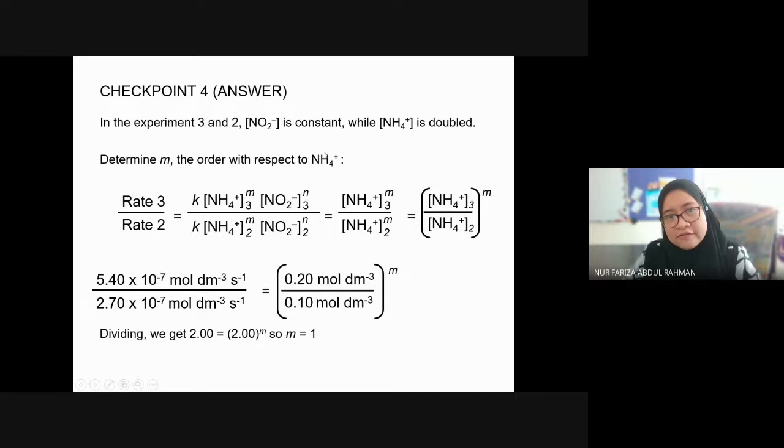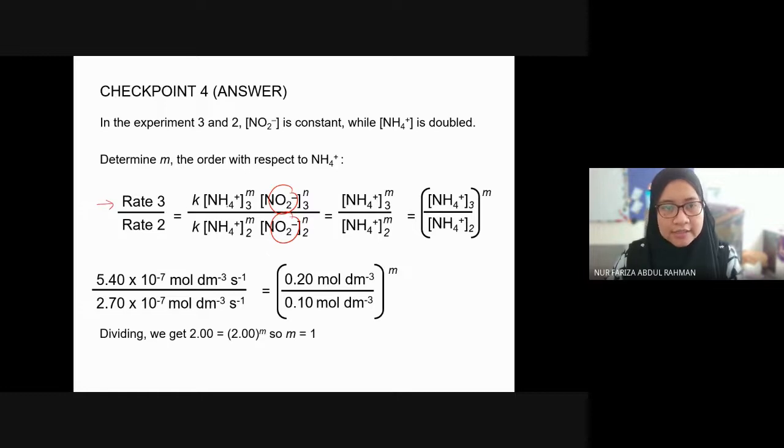Okay, so we're going to check for NH4 plus first. If we are going for NH4 plus first, that means we have to choose experiments having NO2 minus at the same concentration. But first you have to write the rate law with respect to experiment 3, and with respect to experiment 1.